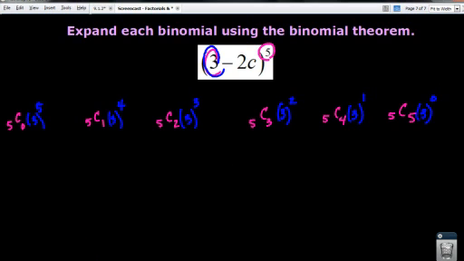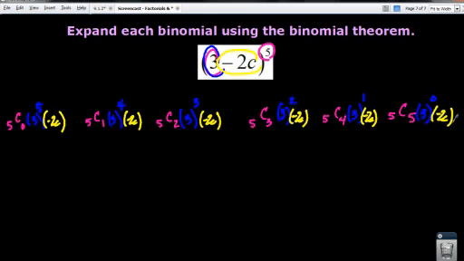And then our second term is not just 2c, it's negative 2c. I know it's kind of ridiculous writing in different colors, but on things that are complex like this, it helps a lot to be able to see exactly what you're doing on each step.